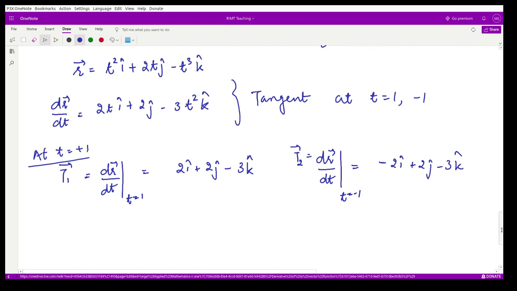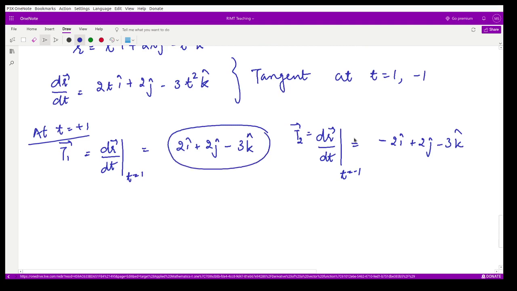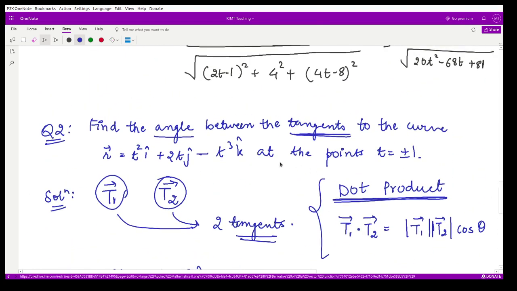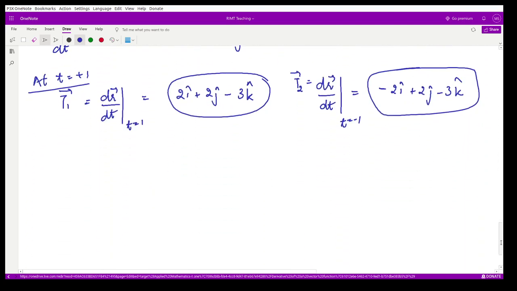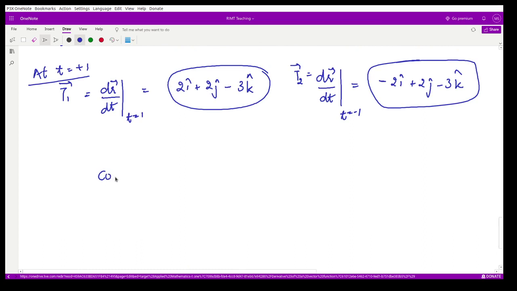So once you have these two vectors, from the question we have to calculate the angle between these two vectors. That means we have to calculate this theta here. For calculating theta, we can use this formula: cos theta is equal to the dot product between these two vectors divided by the magnitude of the first vector and the magnitude of the second vector.